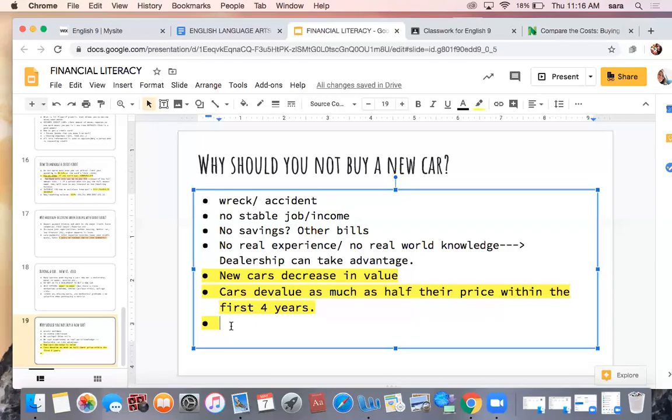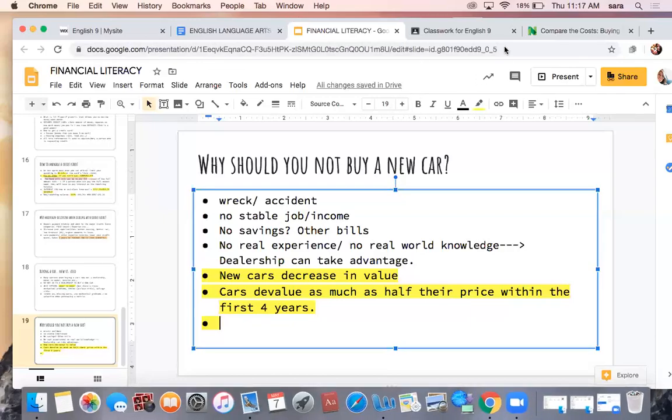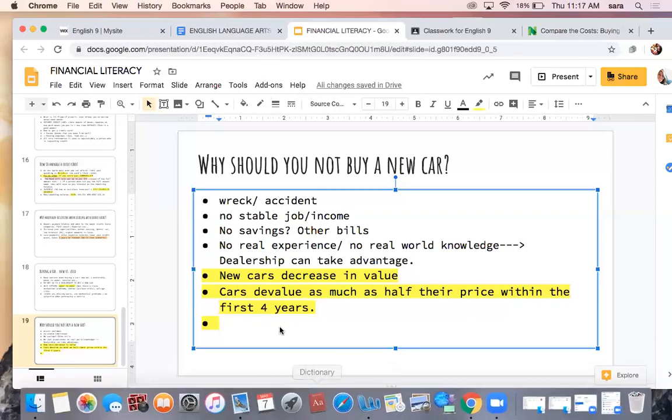But if you're young, like Josh and Emily were saying, you lack that real world experience, real world knowledge that tells you what to do and what not to do. So be wise. That's one of the biggest reasons why new cars should not be on your radar anytime soon, unless you become some sort of millionaire business owner and then you can just pay it off, and that's your luxury car.